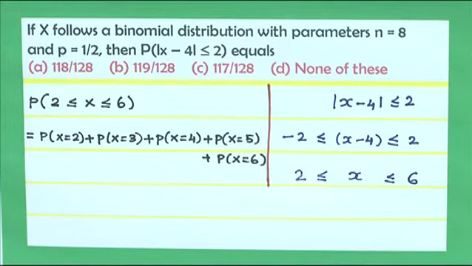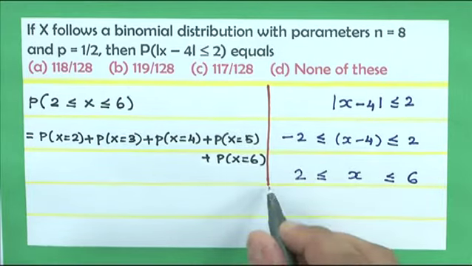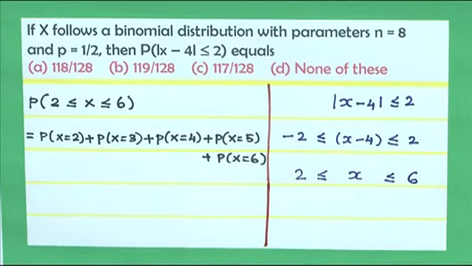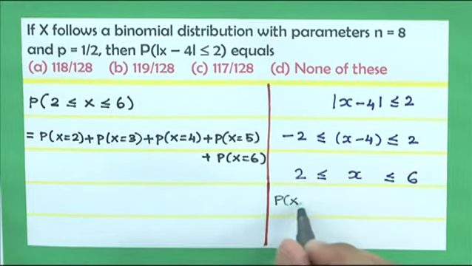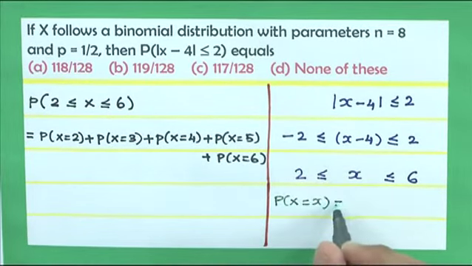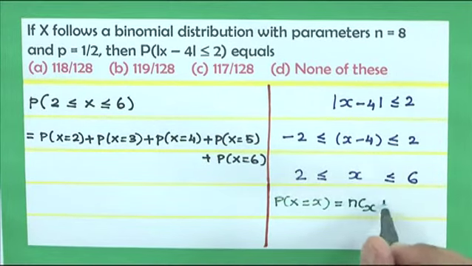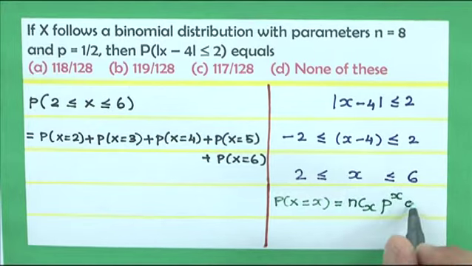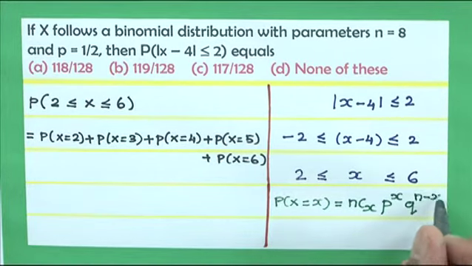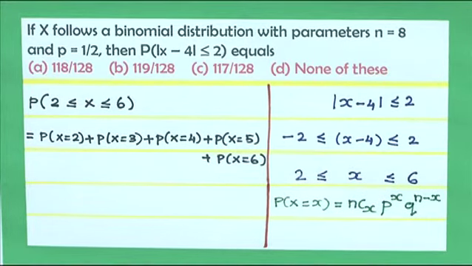Now as you know, children, in a binomial distribution, P(X = x) is nCx p^x q^(n - x).